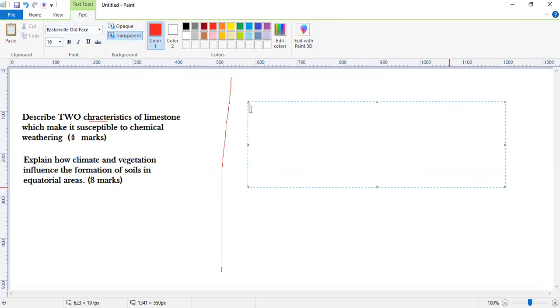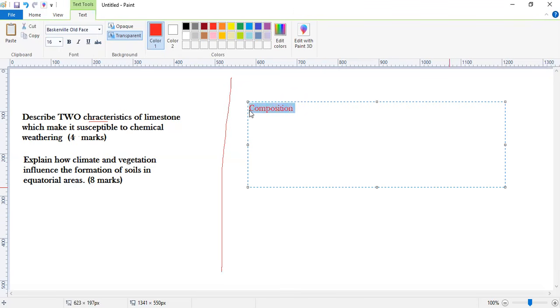I think the best characteristic for the first one would be composition, because we know that chemical weathering influences the composition of the rock.